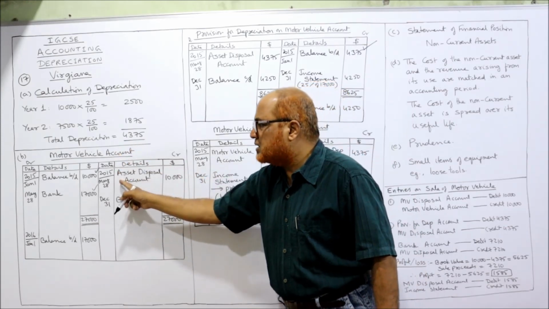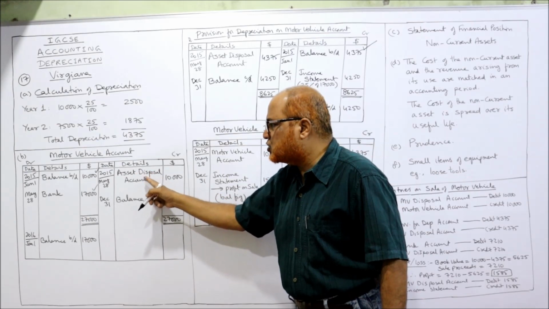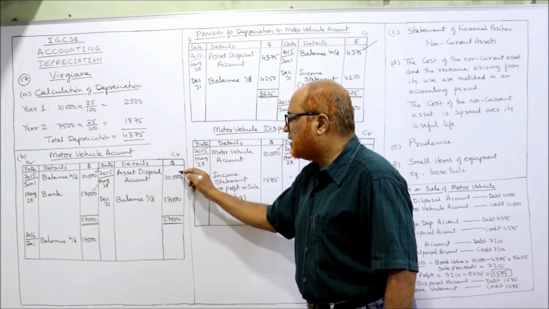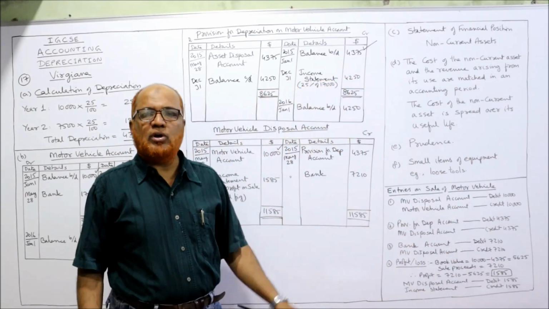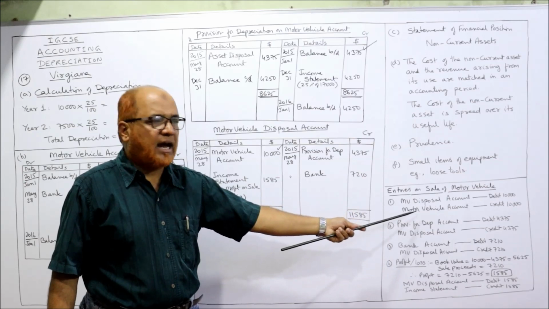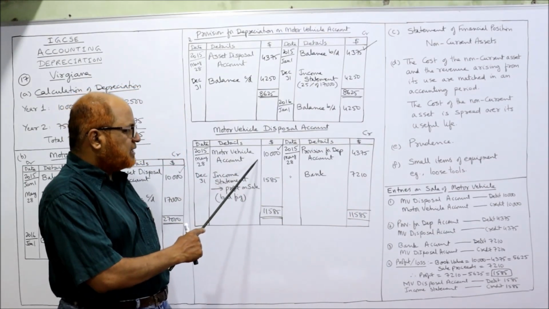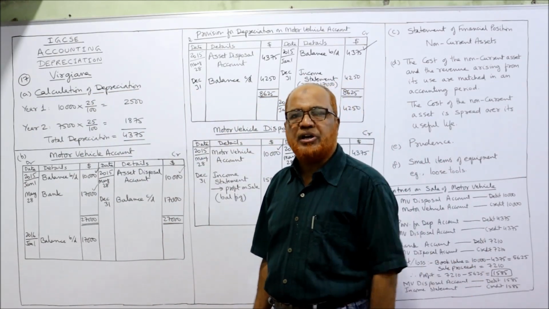So motor vehicle account is credited on 2015 May 28. Motor vehicle disposal account 10,000. This first entry is posted. Motor vehicle disposal account debit and motor vehicle account credit. So this disposal account is debited and motor vehicle account is credited. First entry completed.